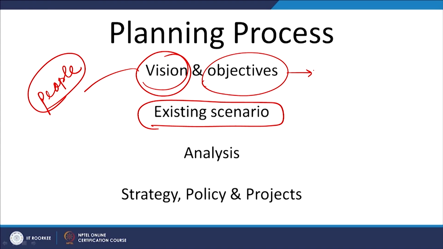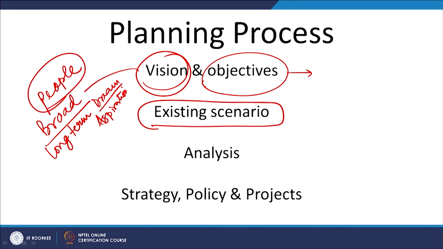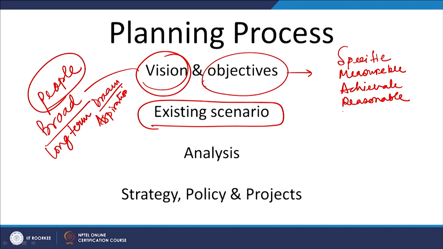Now, the difference between vision and objectives: vision is broad in nature and is basically long term, a kind of dream or aspiration, whereas objectives are very specific in nature and should be presented in a measurable format, achievable within a time frame, and reasonable, so that they can be completed within a specific time bound framework.